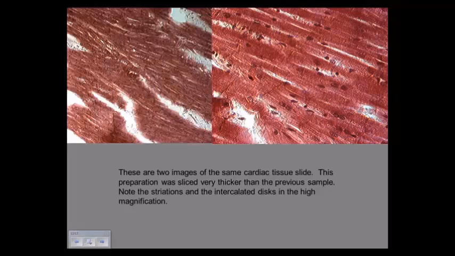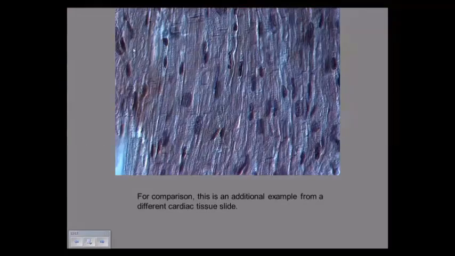See them. So you've got to tweak it. Okay? Everything has to be right. The condenser has to be up and back down a little bit. The condenser has to be closed and opened a little bit. Okay? And then you have to tweak the rest. If you don't have those two maneuvers done, you will not see striations, even on a good slide. Sometimes the slides aren't so good and you can't see them anyway.